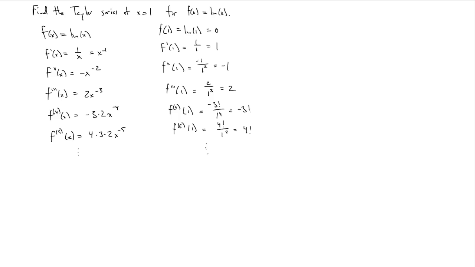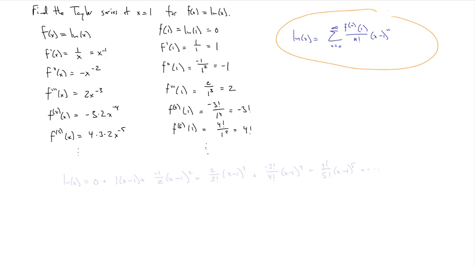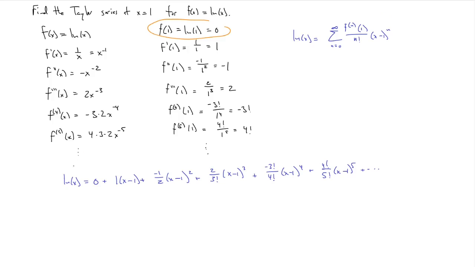And you can start to see a pattern, especially when you look at 2 as 2 factorial and negative 1 as negative 1 factorial and 1 as 0 factorial. And recalling that the Taylor series centered at 1 for the natural log of x is given by this expression right here, we get the natural log of x is 0, which is the function evaluated at 1, that's the 0 right here, plus 1, which is the first derivative over 1 factorial times x minus 1.